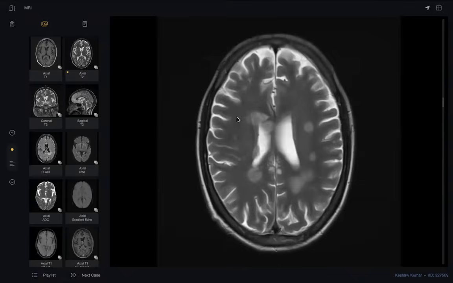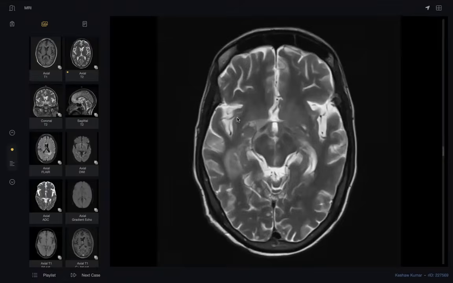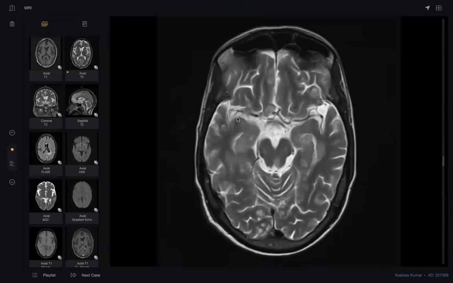Are you sure? Yes. This is T2? Lesions are scattered all over the brain. Metastasis and cysticercosis will be two possibilities. How to differentiate?